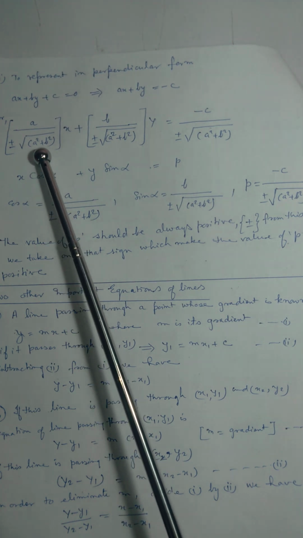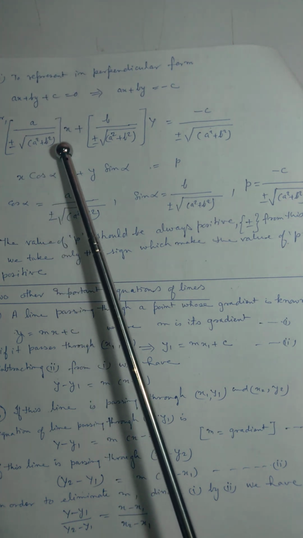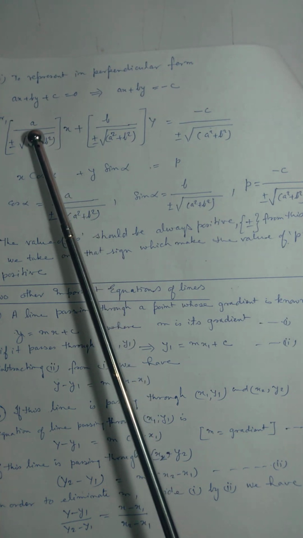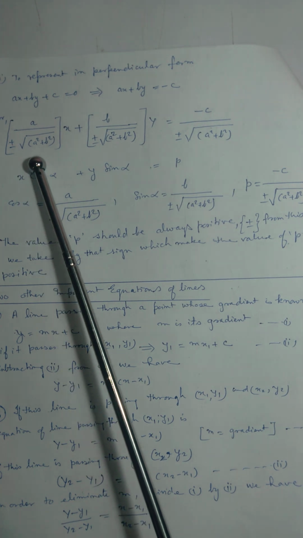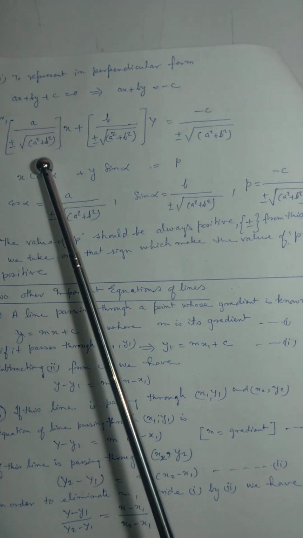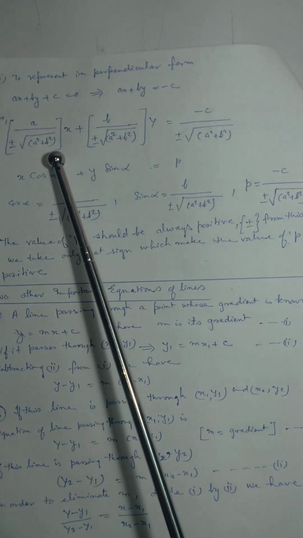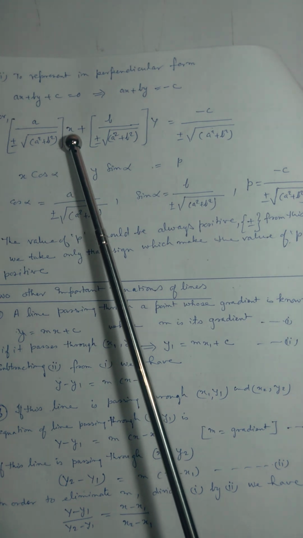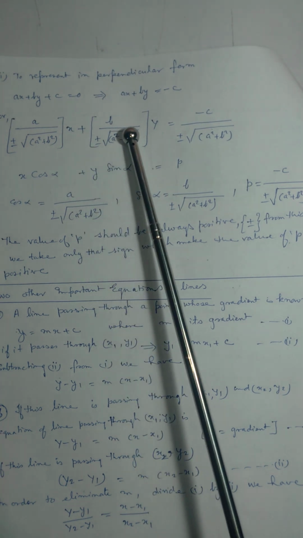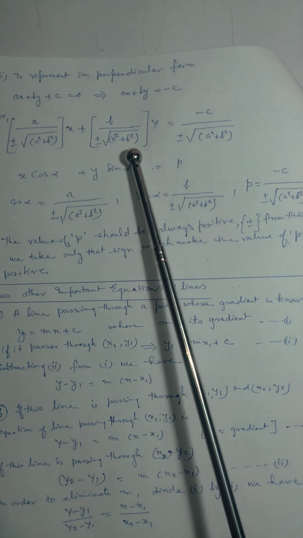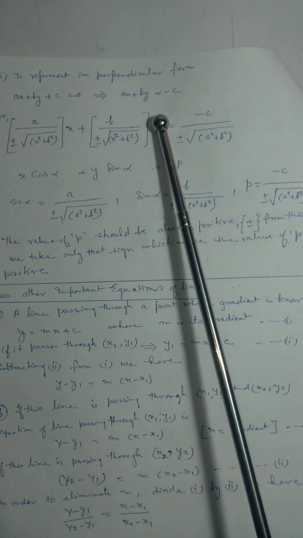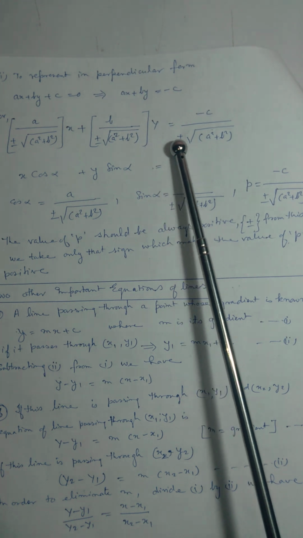That is root a square plus b square. Here the numerator is a. So a upon plus minus root a square plus b square, in brackets, into x plus b upon plus minus root a square plus b square, in brackets, multiplied by y.